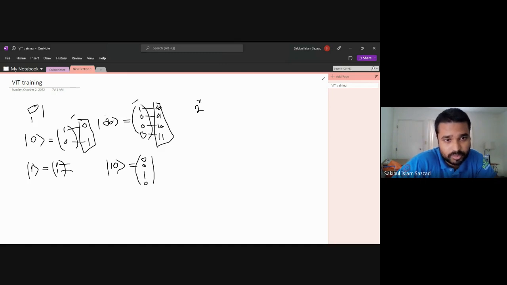In this case, we have 2 qubits, and here we have only 1 qubit. So for 1 qubit, 2 to the power 1 is 2, and 2 to the power 2, 2 squared, is 4. So that is a 4-element representation here.